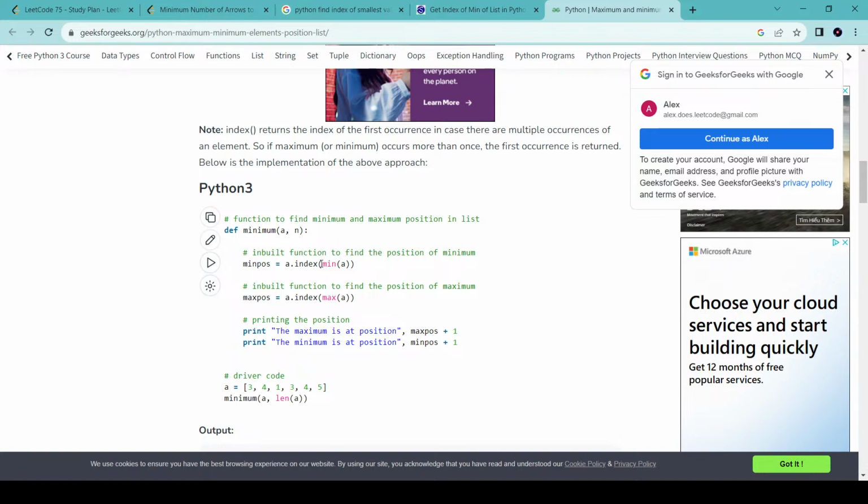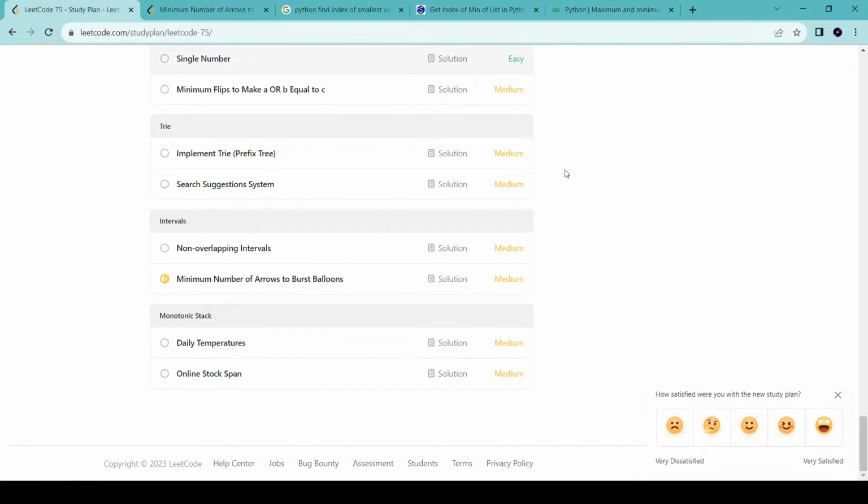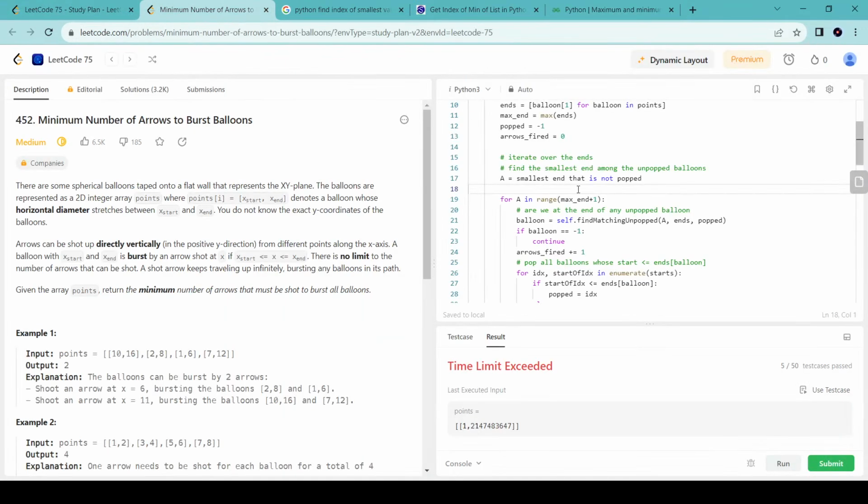This might be a bit slower because min(a) takes some time to traverse the entire list to find the smallest number, and then index does something on top of that, which is it will traverse the list again. So this is a little bit slower, but I like to use this.